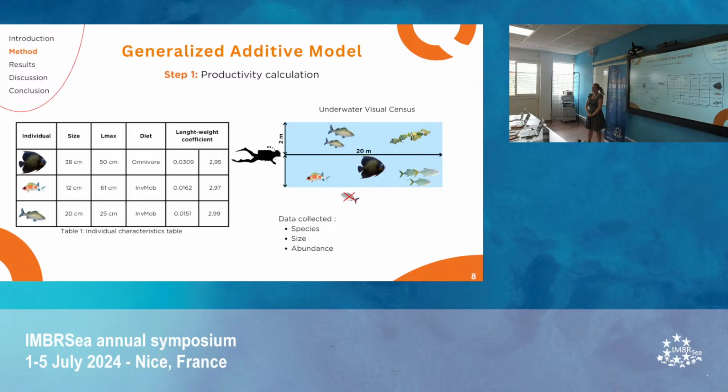My question is because I'm not a coral reef or fish person. Just to clarify if I understood correctly, you did the sampling to identify the species or individual fishes through visual census. Yes, visual census, which means the diver will be in the water and just look at what he can see in the range of like 2 meters on each side.